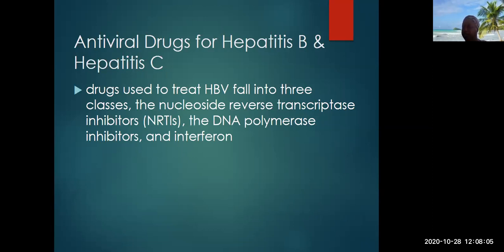Now we're going to look at the antiviral drugs for hepatitis B and also hepatitis C virus. Those drugs used to treat hepatitis B fall into three classes, which are the nucleoside reverse transcriptase inhibitors, the NRTIs, the DNA polymerase inhibitors, and interferons.